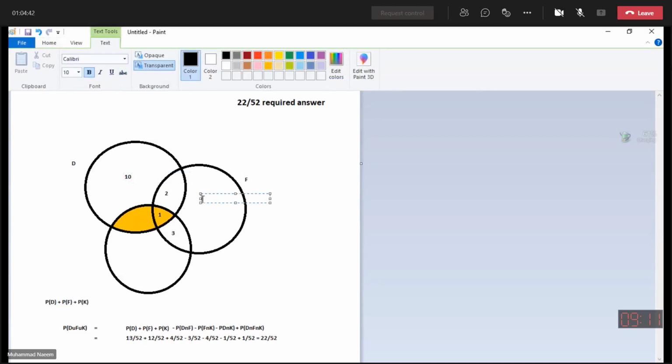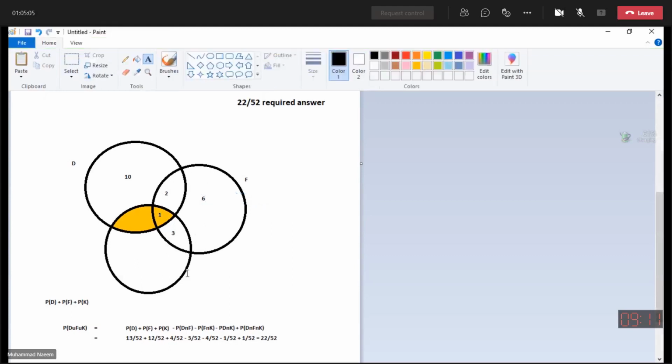Now in F we have 12. 3, 4, 5, 6. 6 we already have in this category, so the remaining 6 are here at this place.